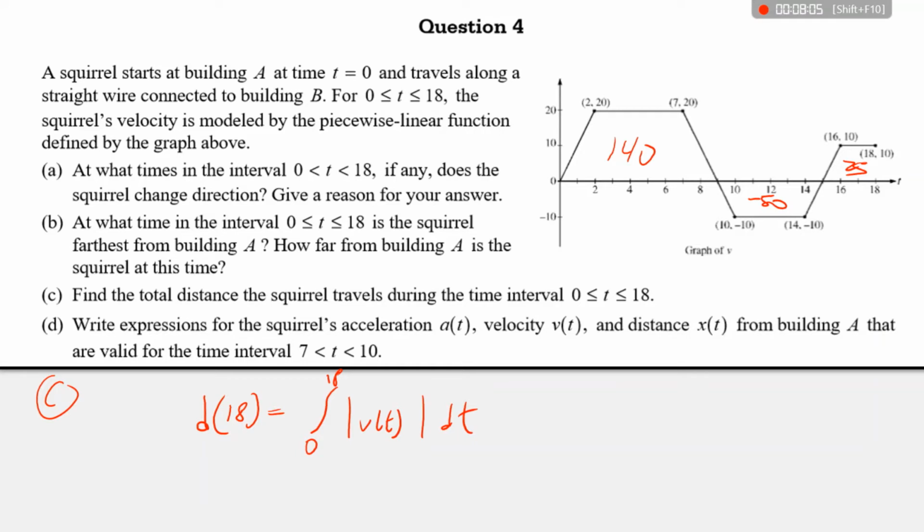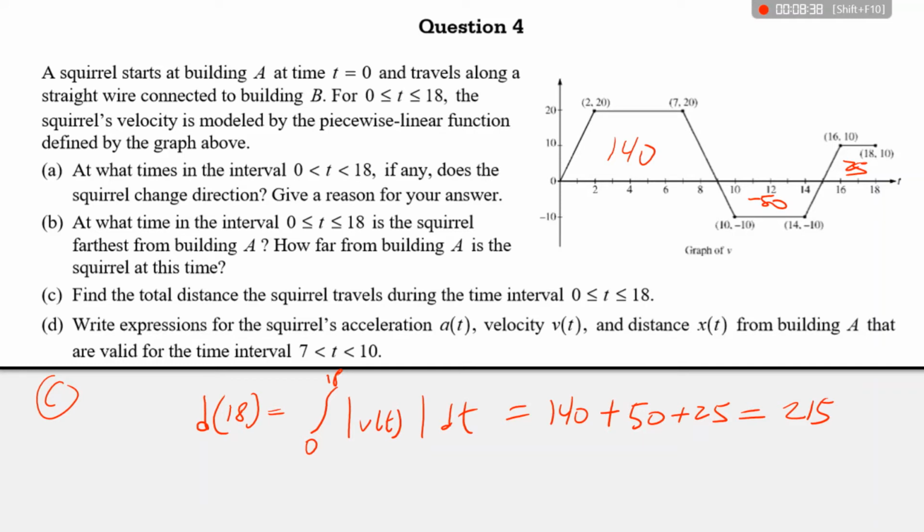And then what is that equal to? That is equal to total distance: 140 plus 50 plus 25. So that's 215. 215, awesome.